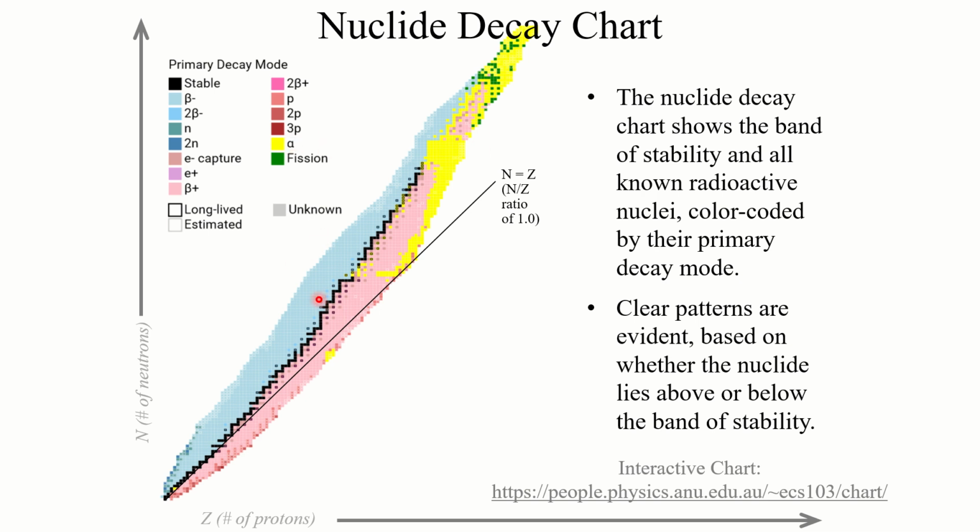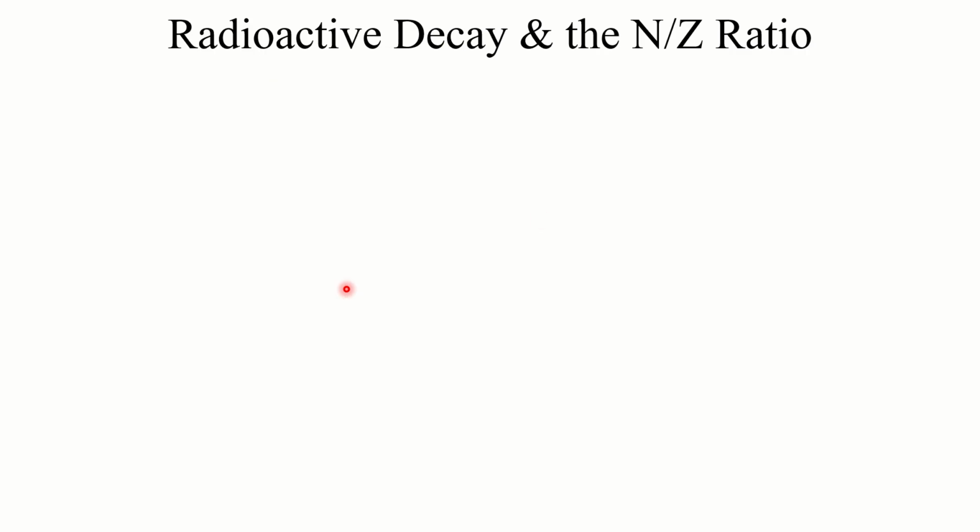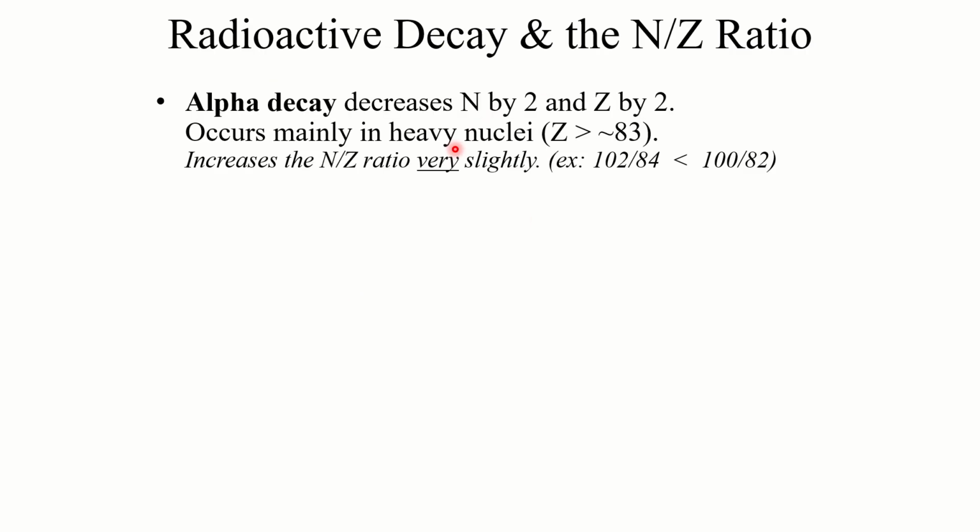So what do these colors specifically refer to, and what do they tell us about the types of radioactive decay that occur in an attempt to become more stable? Well, first let's talk about the easy one. Those yellow dots way out towards the right, that was alpha decay, and alpha decay decreases N by 2. It also decreases Z by 2, right? It decreases the number of neutrons by 2. It decreases the number of protons by 2.